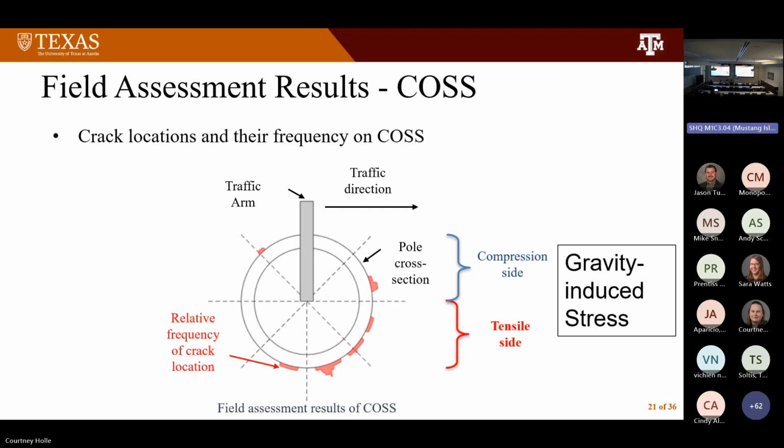What we've found a lot of times, if we look at the gravity-induced stresses from the overhead sign structure, whether we look at the tension side or compression side, is that a lot of the cracking, a higher percentage, is on the far side, away from the traffic, because from gravity, that's what we call the tension side on the structure.